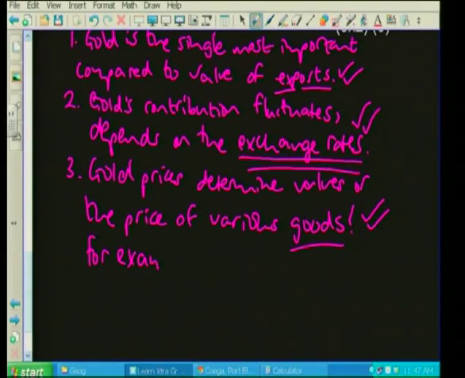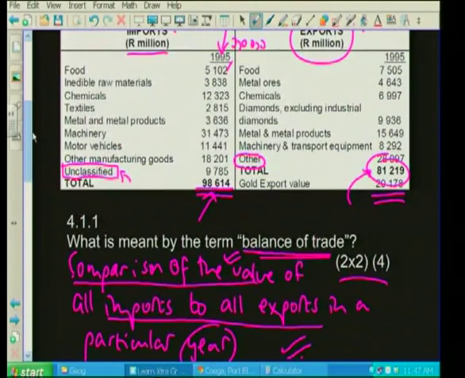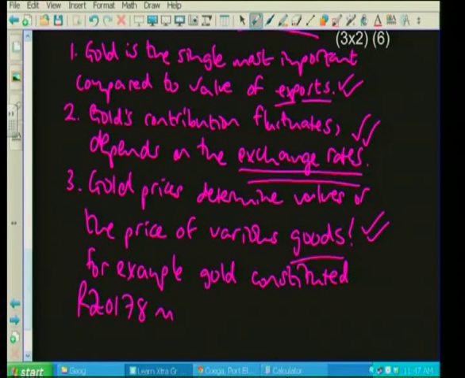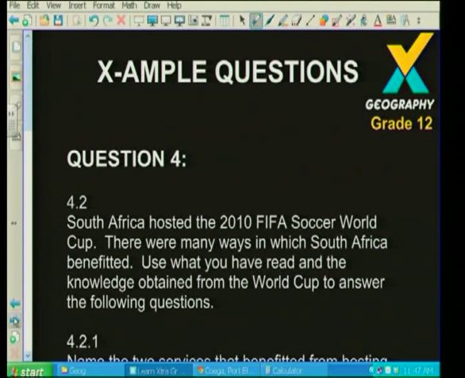For example, gold constituted R20,178 million worth of value in 1995. So we can just put some statistics down there which basically supports our discussion or what we wrote there in the question.